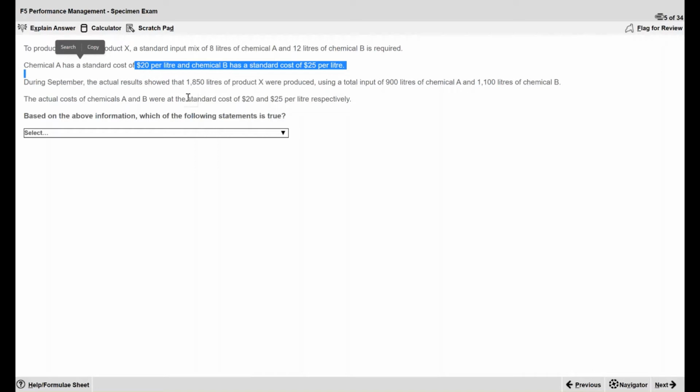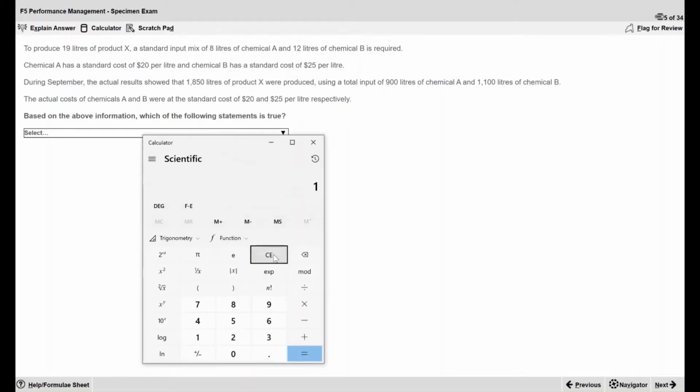So first, let's look at mix variance. Mix variance looks at whether we use expensive mix or cheaper mix. If we have used more of material A, then it would be favorable. If we have used more of material B, then it would be adverse. So we have 1850 liters made.